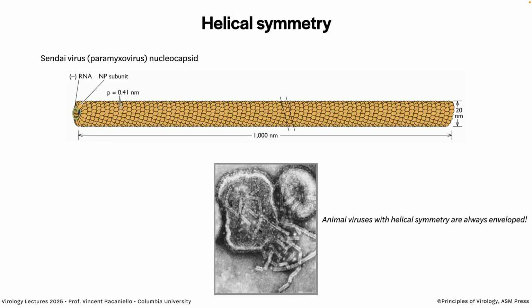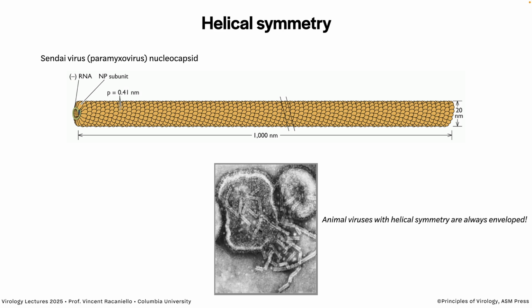Eukaryotic viruses also have helical symmetry. This one is a paramyxovirus, Sendai virus, related to measles virus. Again, there's a coat protein. In this case, it's called a nucleoprotein that is interacting with the viral RNA repeatedly in a helical format.